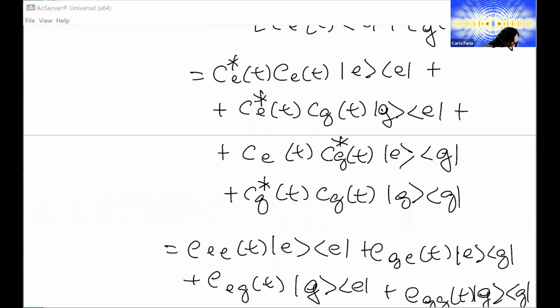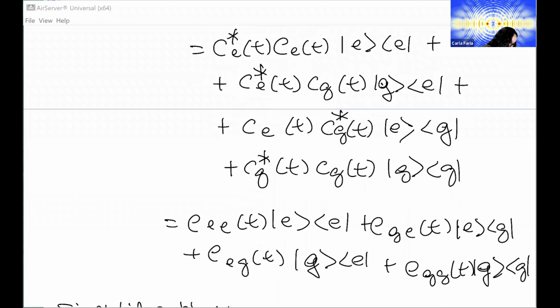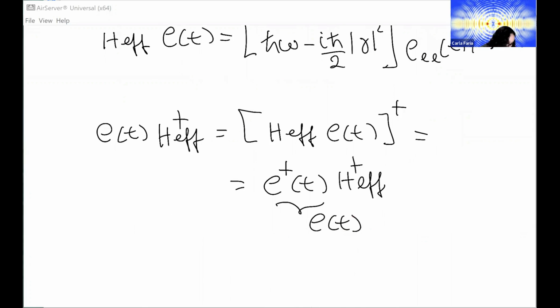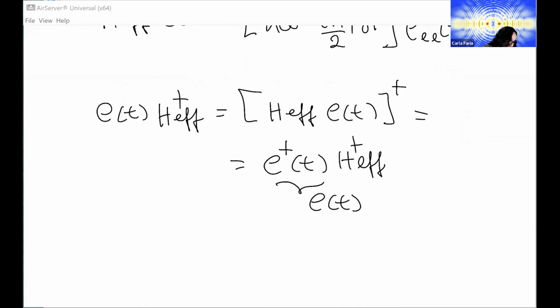Here, you can see that ρ_EE is real. So if you take the conjugate, it's going to be equal to ρ_EE. Okay?